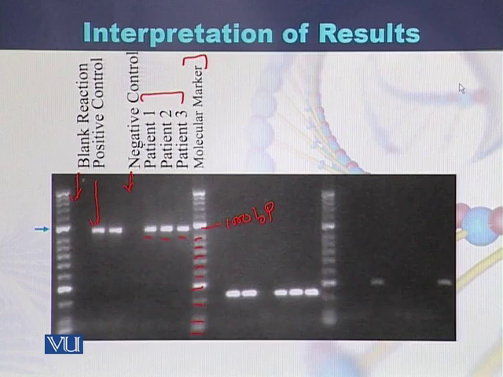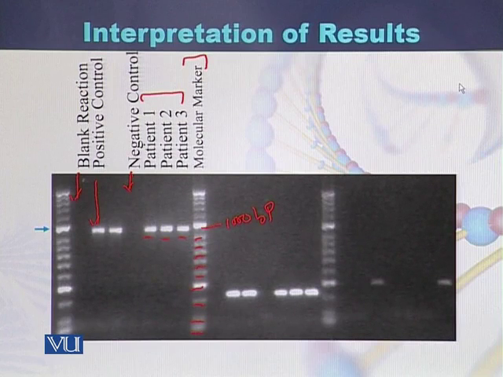So while performing the PCR reaction, there should be a blank reaction, a positive control, a negative control, as well as a molecular marker, to interpret the results and to see whether the expected band size is of the required base pair.